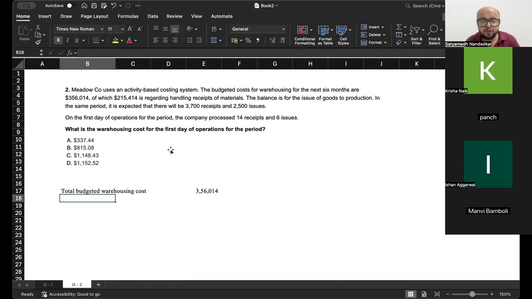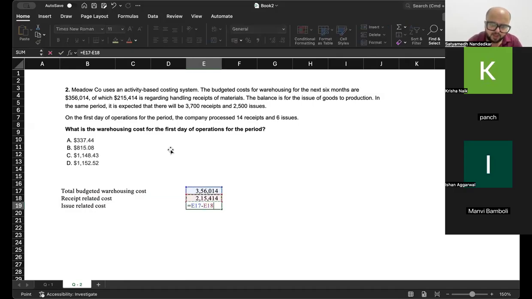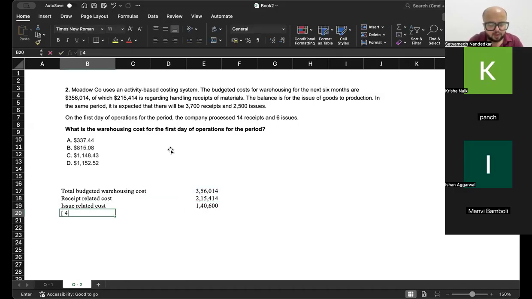Of which 215,414 is regarding handling receipt of material. Okay. So receipt related cost is 215,414. So issue related cost will be this minus this: 356,014 minus 215,414.